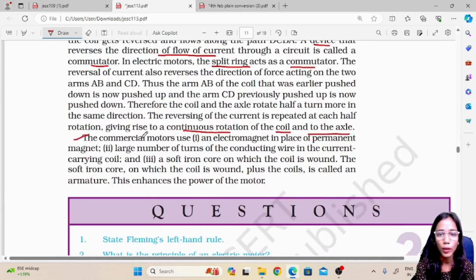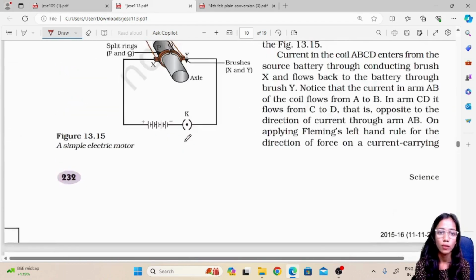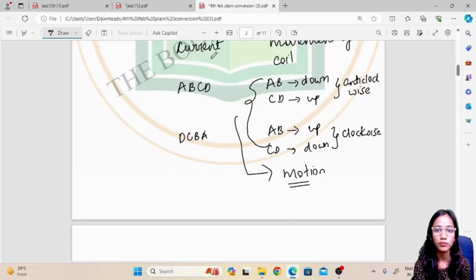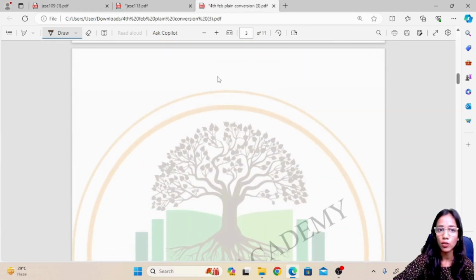And the third one is a soft iron core on which the coil is wound. The soft iron core together with the wound coil is called the armature. So what is an armature? Armature is when you use a soft iron core and on that you wind the coil with a large number of turns. That setup is called the armature.